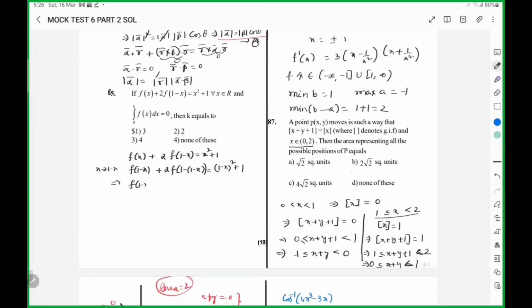To get the value, this I am multiplying with 2.